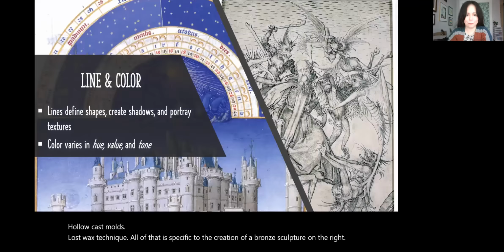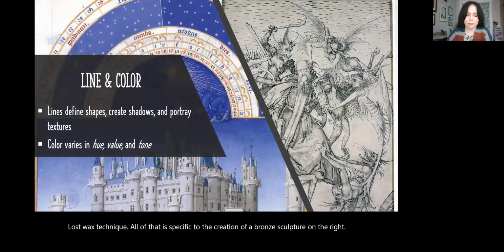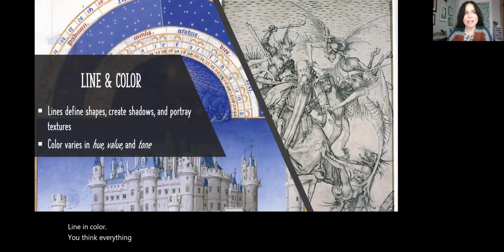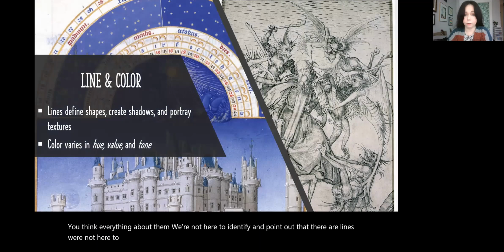Line and color. You think you know everything about them? We're not here to identify and point out that there are lines. We're not here to say, well, this includes blue. Again, that's very basic. That's a description.